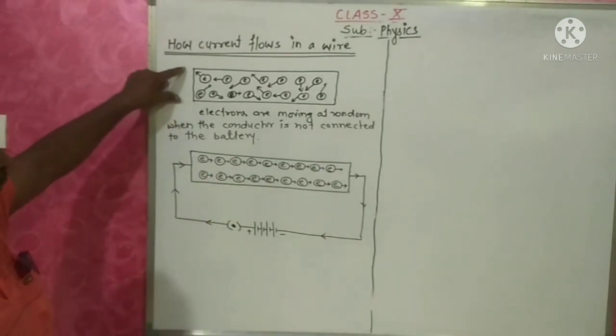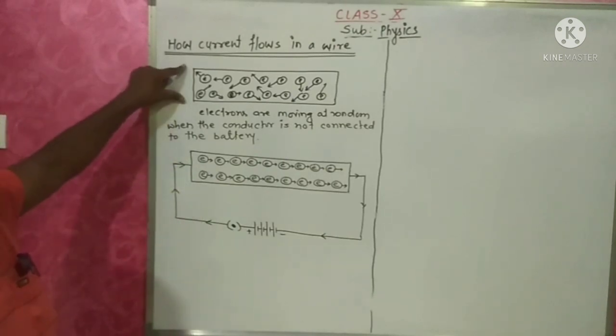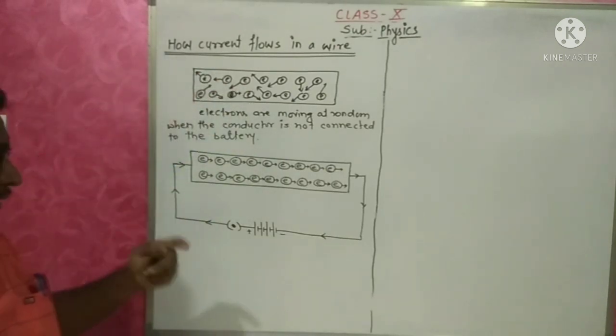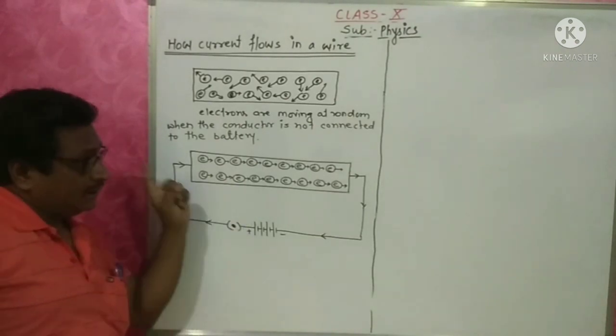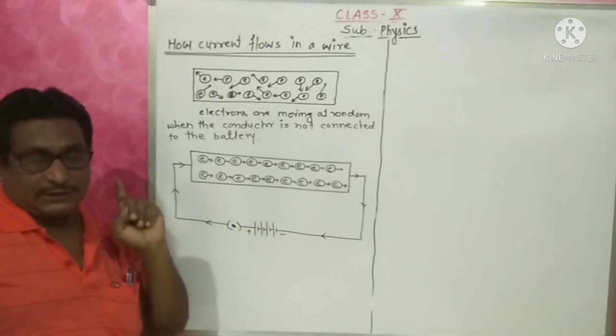See, here is the motion of electrons without the battery, and here with the battery. Here electrons are moving randomly, and here electrons are moving systematically in a particular direction.